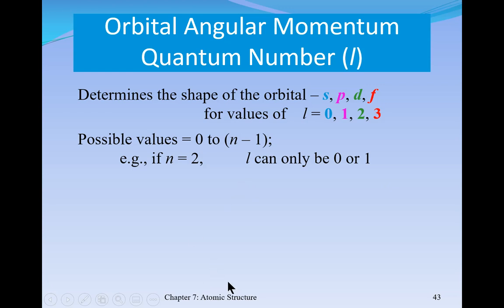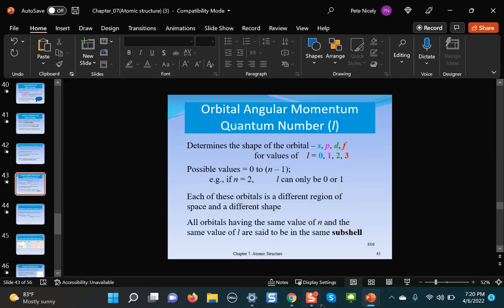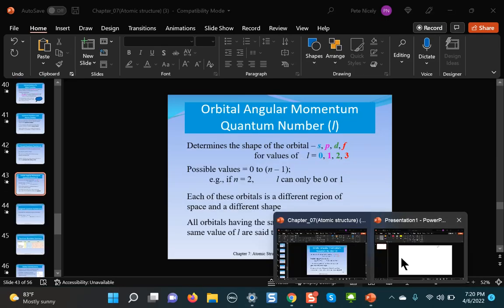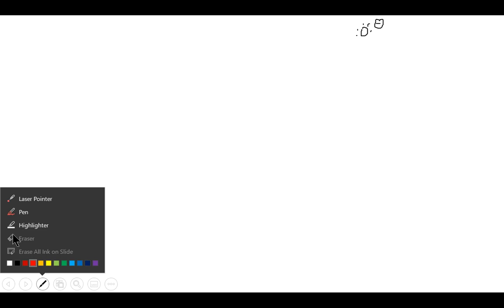And I can extend this further just to use another example. So let's say n is equal to 3. So let me write down here, n equals 3. If n is equal to 3, then the possible values of L would be 2, 1, 0, right?